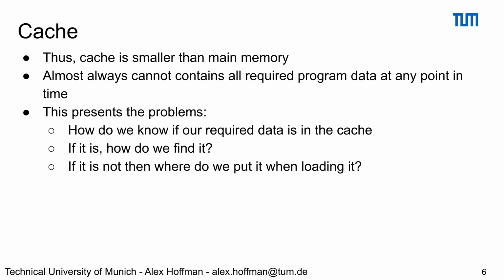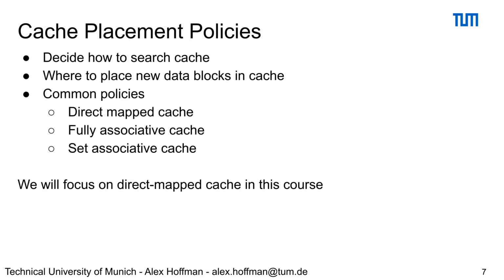Cache functions, as you'd imagine, like anything in computer science, in ten different ways. When we're looking at cache, it can have different policies, which tell us how the cache's placement algorithm, the algorithm it uses for accessing cache, actually manages the cache it has.